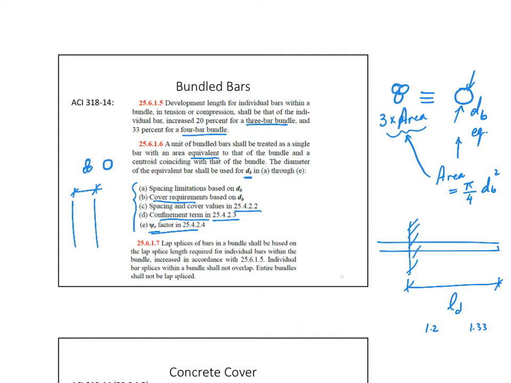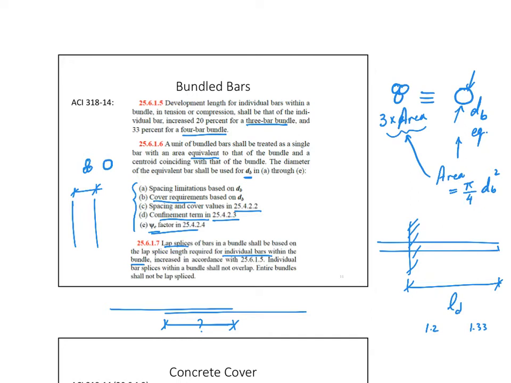This is the psi. And then when it comes to lap splicing, when I have a terminated bar and then I'm taking another bar for it for either tension or compression, that lap splice distance will be treated for not the bundled bar diameter, but for the individual bar within the bundle.